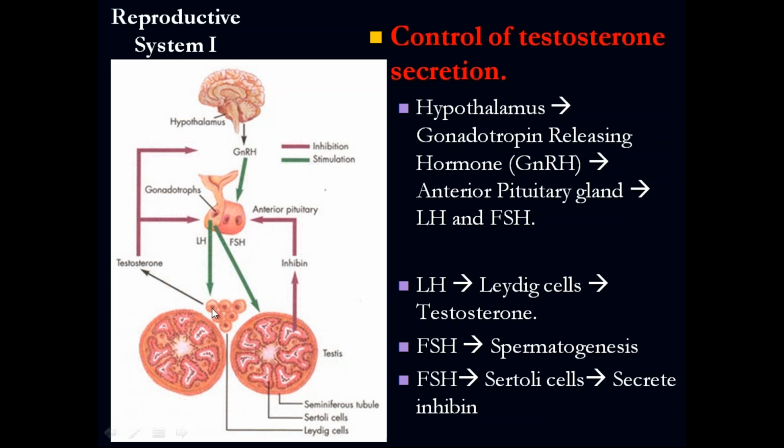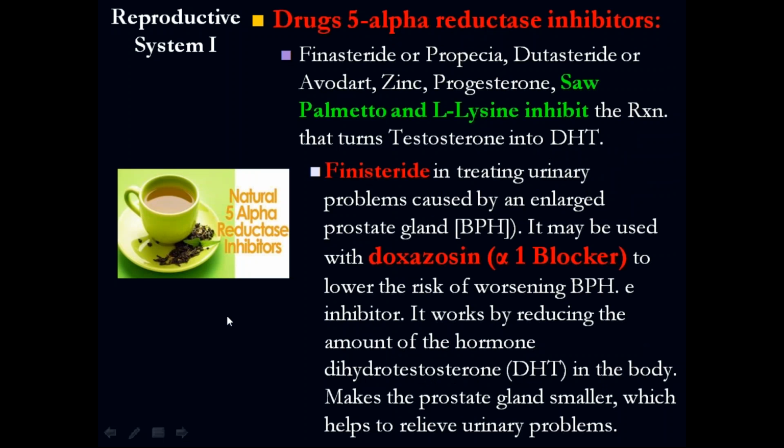High levels of testosterone produce negative feedback on LH and on the next level, the gonadotropin releasing hormone. That is what we call homeostasis, right? We don't want too much or too little, so everything is going to be in the range.